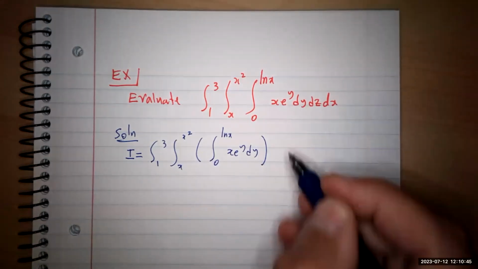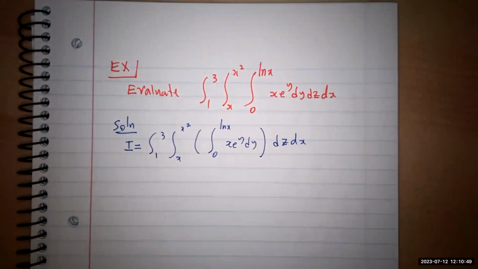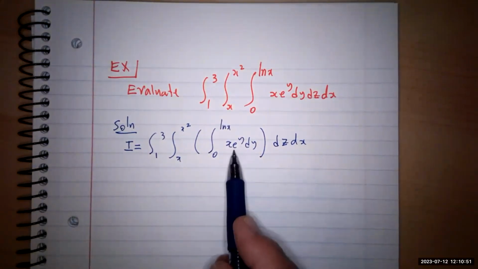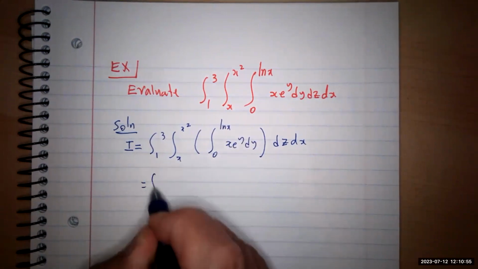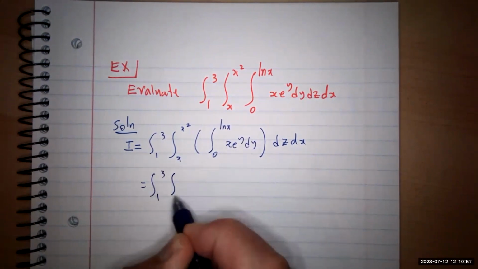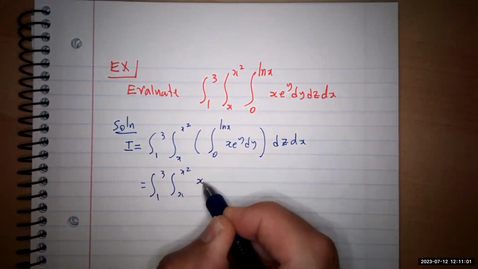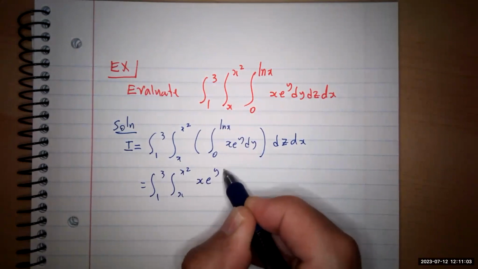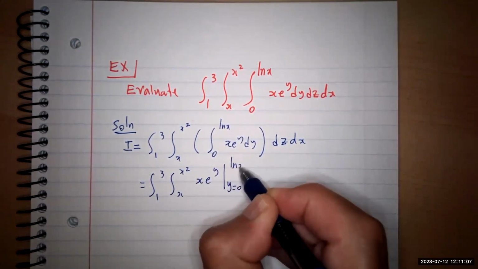And then I go with z and x. The integral with respect to y of just e to the y times x, so nothing else changes: 1 to 3, x to x squared. This would be simply x e to the y, with y going from 0 to ln x.